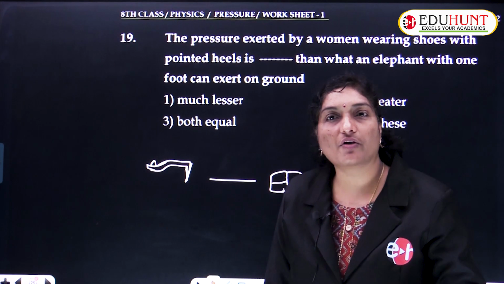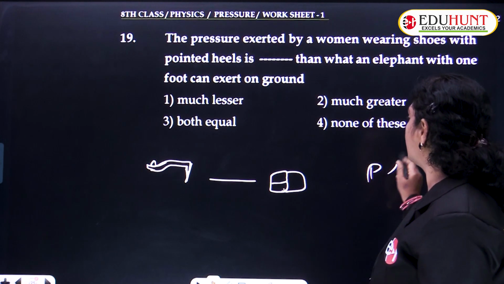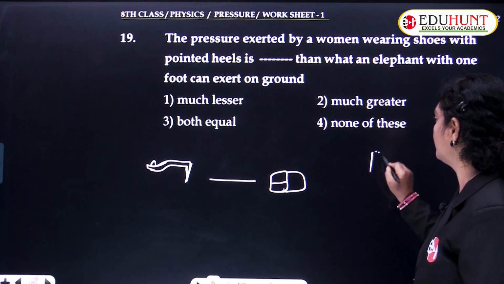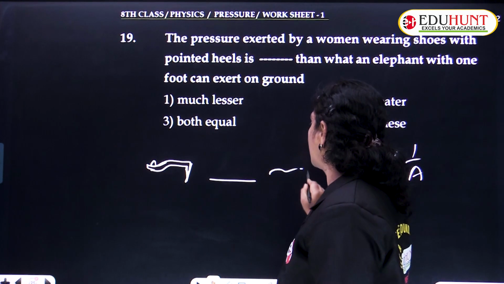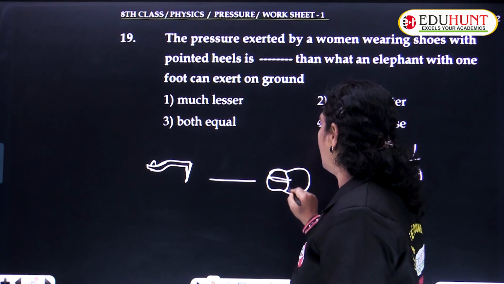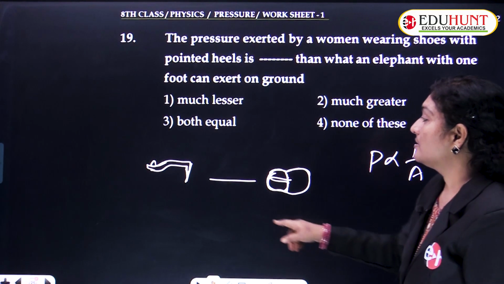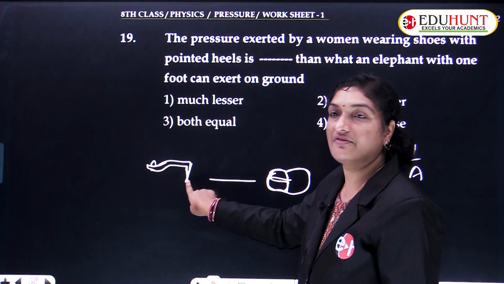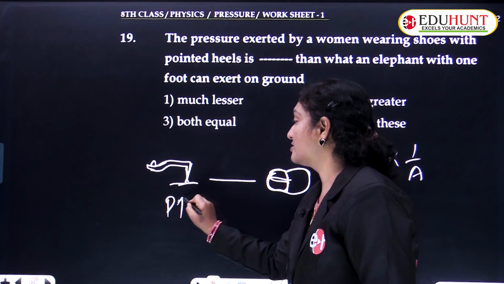Lesser the area of contact, larger will be the pressure, because pressure is inversely proportional to area of cross section. Please excuse me, I'm a bad artist. Anyhow, because of less surface area in contact, the pressure will be larger.